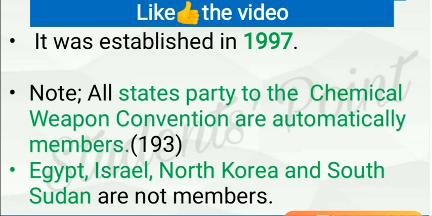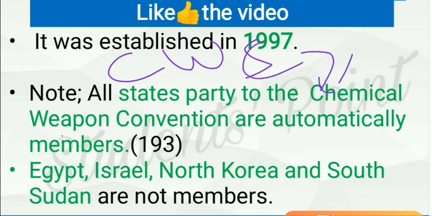And it was established in 1997, and all states party to the Chemical Weapon Convention are automatically parties to this OPCW. I repeat it once again, that all members who have signed and are party to Chemical Weapon Convention are automatically party to OPCW.